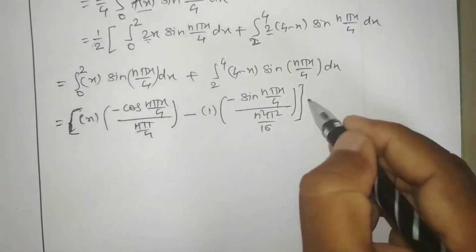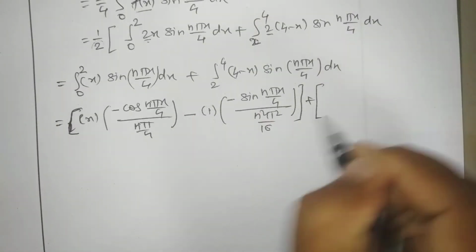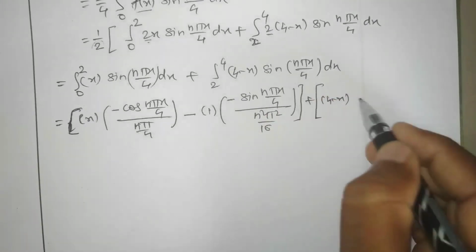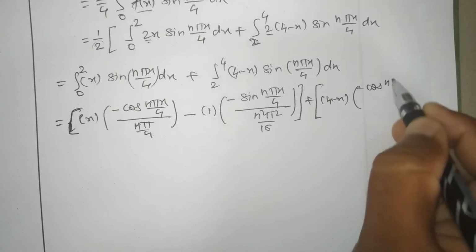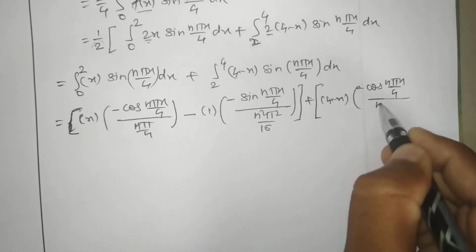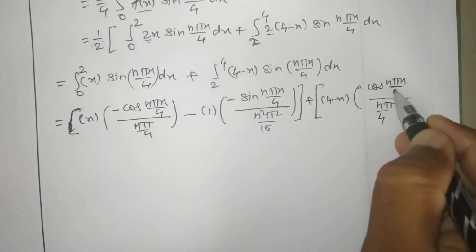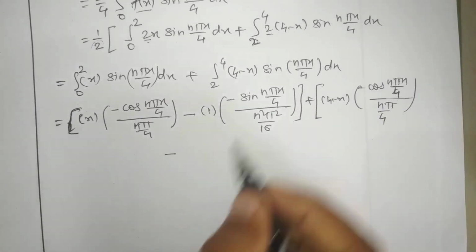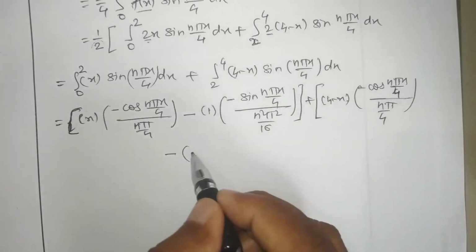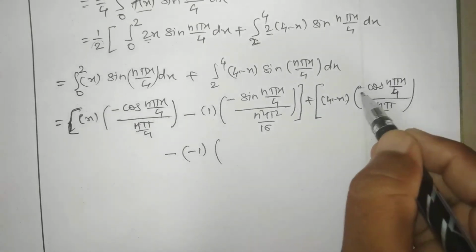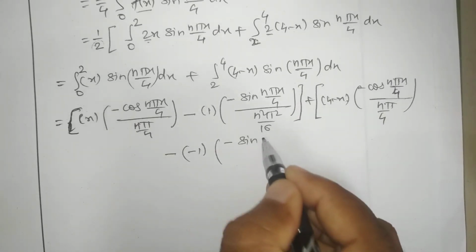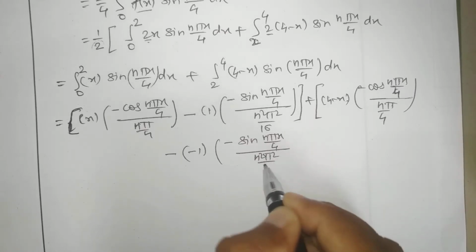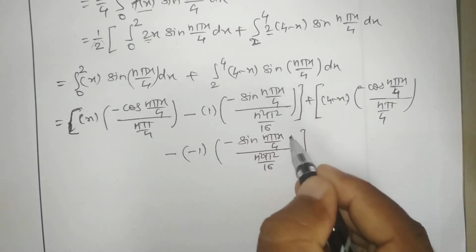Then the second integration: 4 minus x as it is, integration of the sine function: minus cos(n pi x by 4) upon n pi by 4, minus sign, then derivative of 4 minus x is minus 1, into integration of minus cos, it is minus sin(n pi x by 4) upon n square pi square by 16.